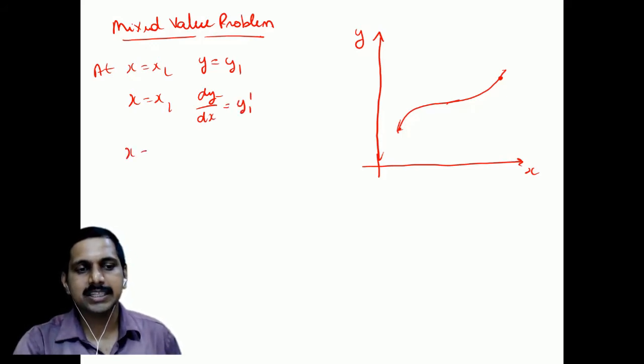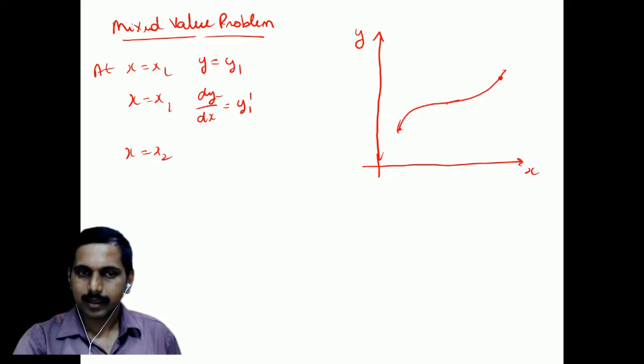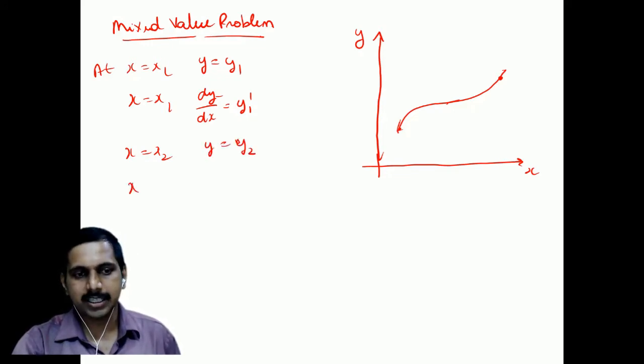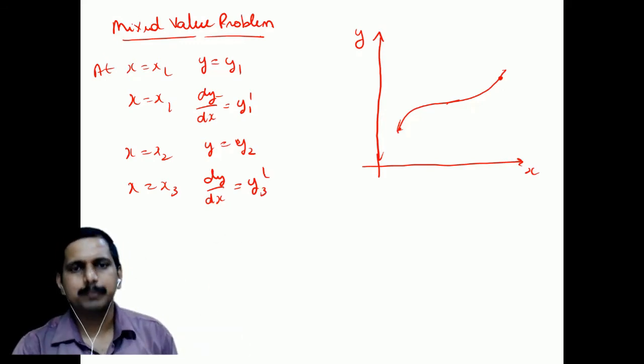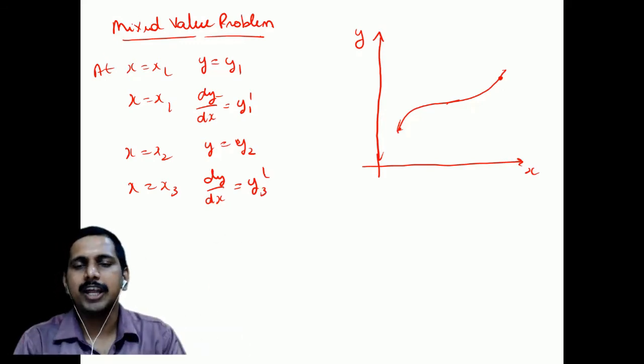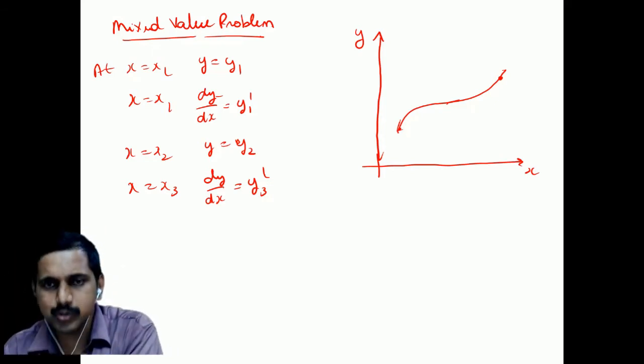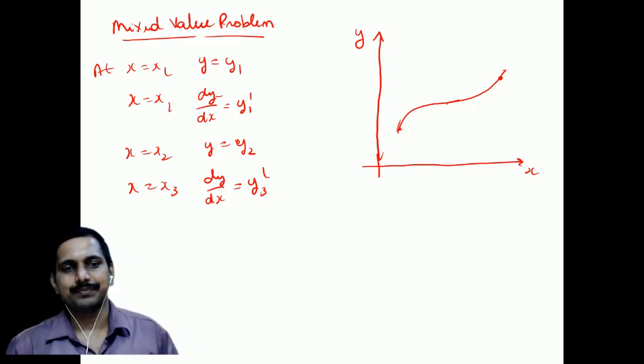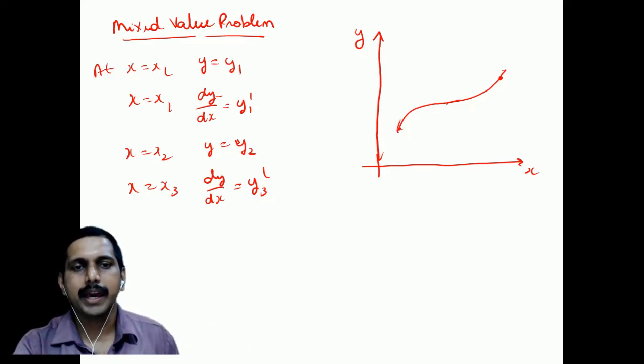Then I can say x is equal to x2, y is equal to y2, and x is equal to x3, dy by dx is equal to y3 dash. Like this I can go. Mixed value problem, where I use initial values as well as boundary values, that is slope as well as values. This is called mixed value problem, MVP.